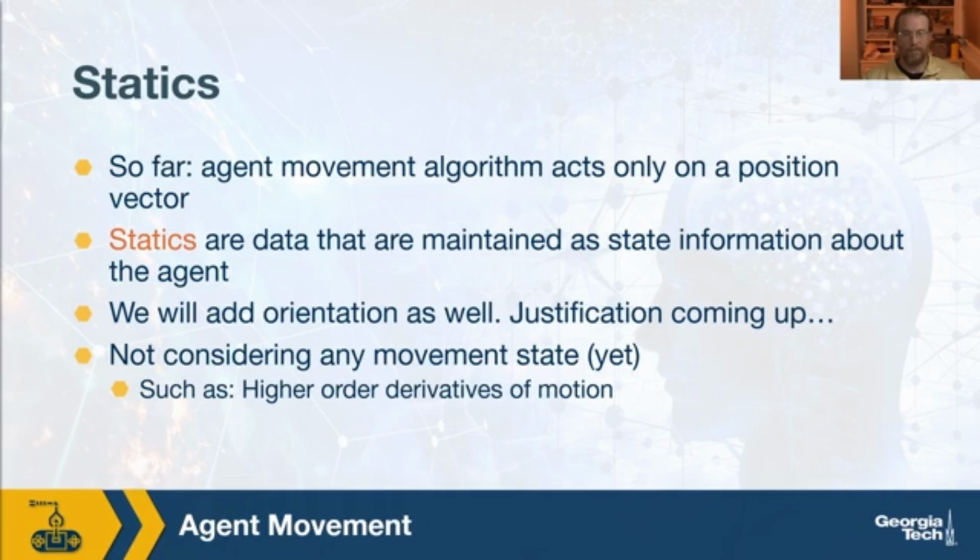So the position would be one of the statics. And we can also add orientation. We haven't talked about orientation. We're going to actually look at that in just the next slide. But those two, the position and orientation, we can refer to as statics. And those are things that can be updated by, say, velocities or accelerations.